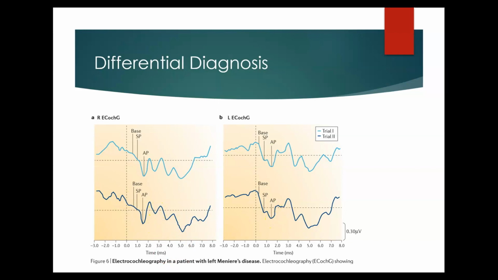That's a key in many electrophysiologic measures. The first trial, or the first run, is in the light blue, and the second one is in the darker blue. You'll notice that the waveforms look pretty similar to each other, and so they are considered to be repeatable.